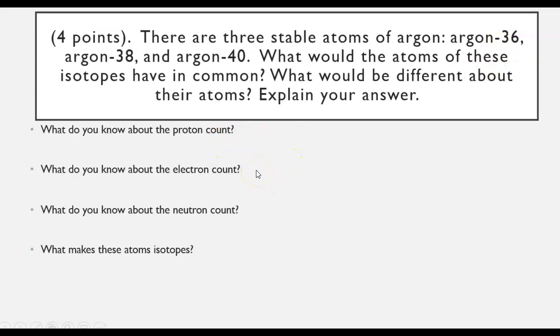That means I'll have 18 electrons. How many neutrons will I have in argon 36, 38, and 40? Tell me, why do we call these isotopes? Be very specific. Explain the 2 things they have in common and what they don't have in common. I hope that helps. If you have any questions or concerns, please let me know.